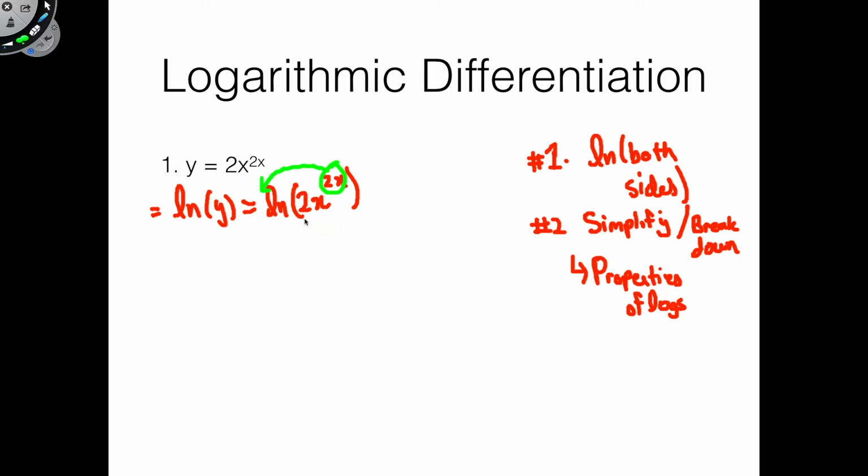Another thing you could do is split this up into an ln of 2 plus an ln of x. I'm not going to do that this particular time because it doesn't really simplify things as much for you. But know that you can do that. You could split this up into ln of 2 plus ln of x. So if that helps you, then go for it. You're going to get the same answer.